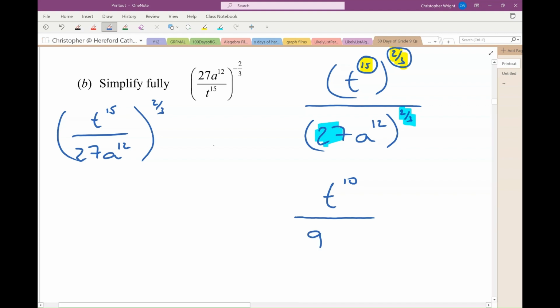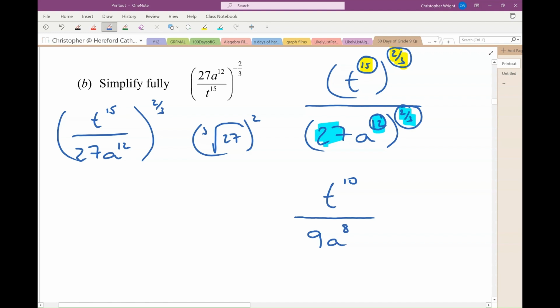So that was, let me write that down in case it makes it easier, the cube root of 27 squared. So the cube root of 27 is 3, square it, you get 9. Now what about this a to the 12 raised to the power of 2/3? Well, I'll just use my rules of indices again. And so it's going to be a to the power of 12 times 2/3, which is a to the power of 8.